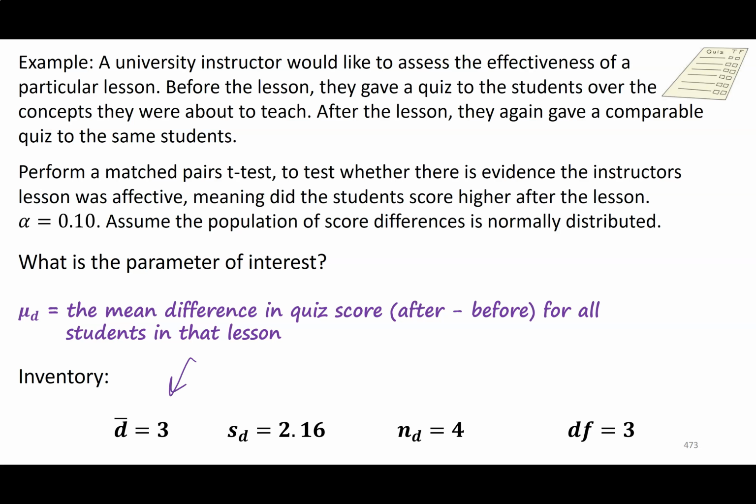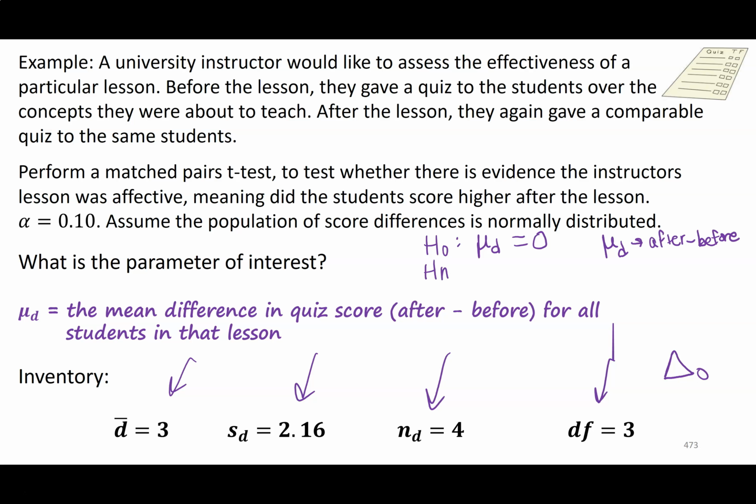And then inventory, this is going to largely look the same. But here, my null is that the mean difference is equal to 0. So remember mu d is going to be after minus before. Right, so it's the mean difference specifically after minus before. My alternative, mu d, is higher than 0, right?